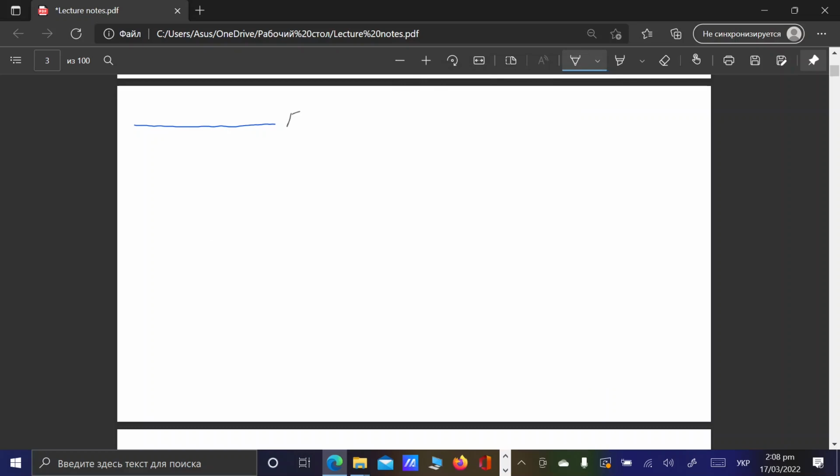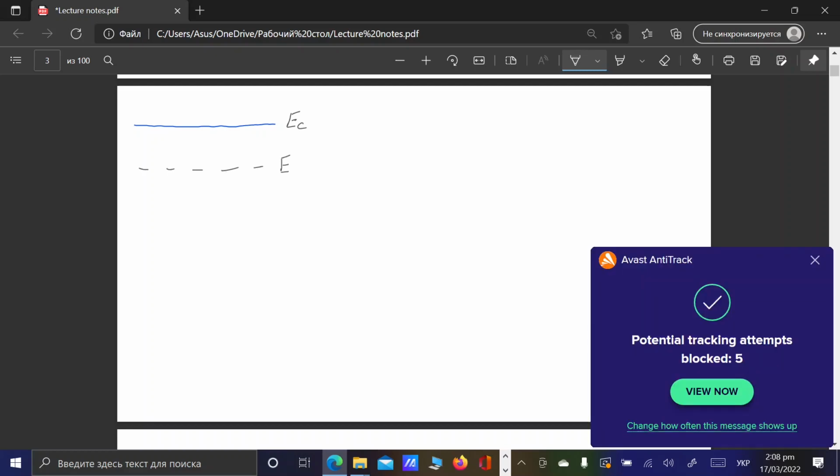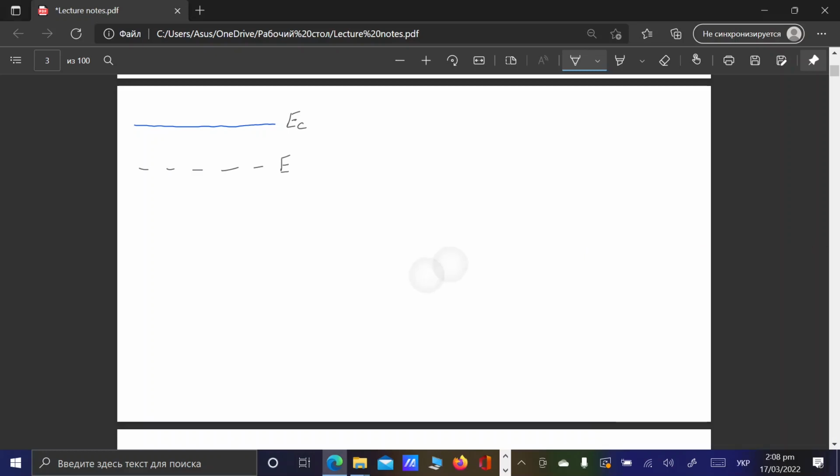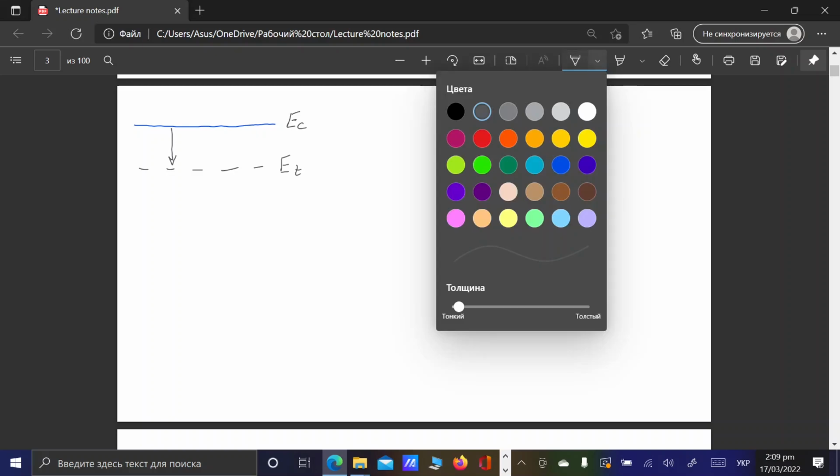So this is EC. Here we will consider some level ET, and the trapping rate of electrons on this energy level.